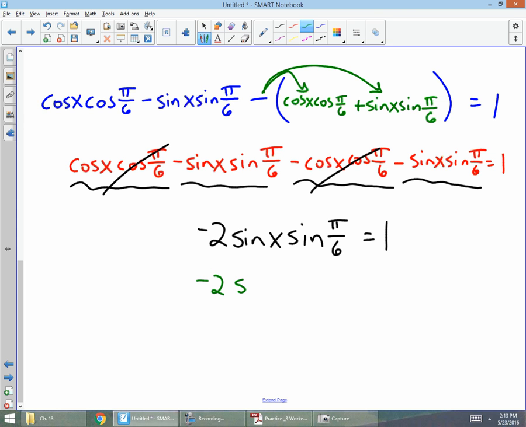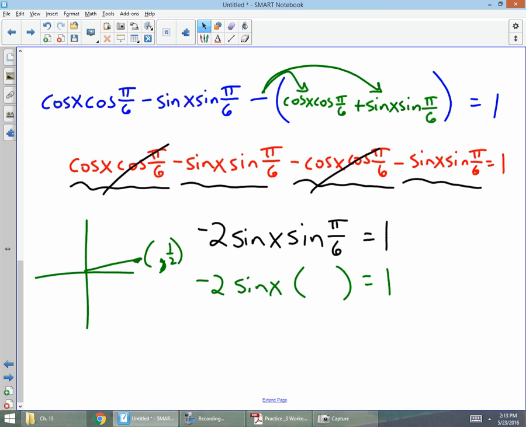I like to rewrite this part like this. And then let's actually figure out, what is the sine of pi over 6? It's a half. Oops. Now we can reduce the fraction, and this gives me negative sine of x equals 1.